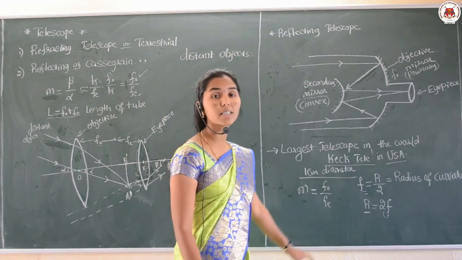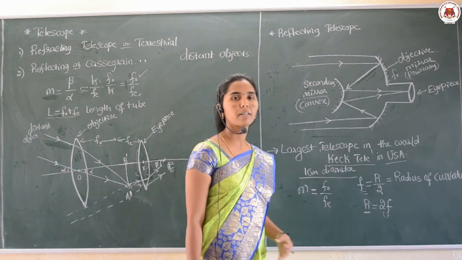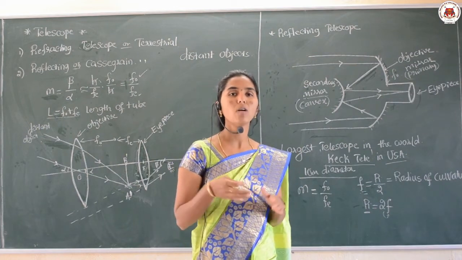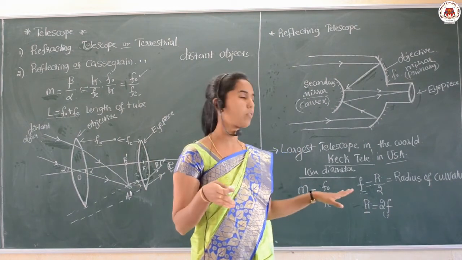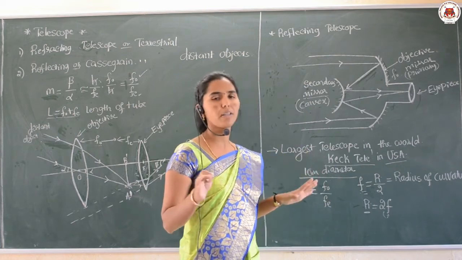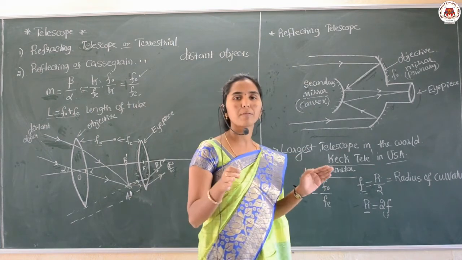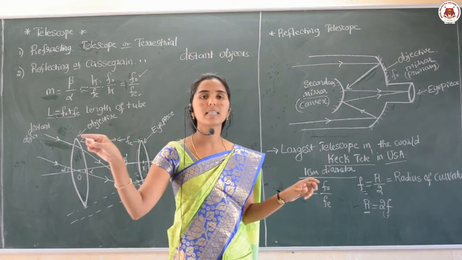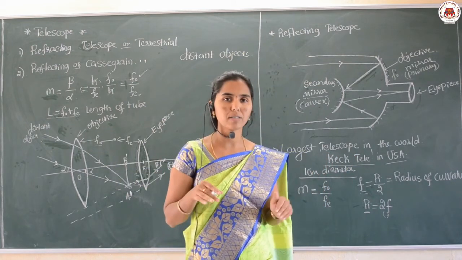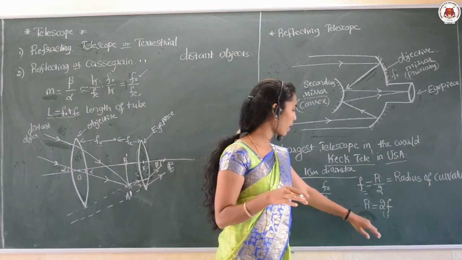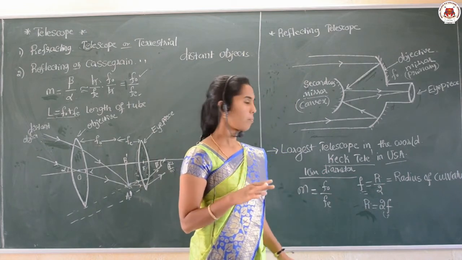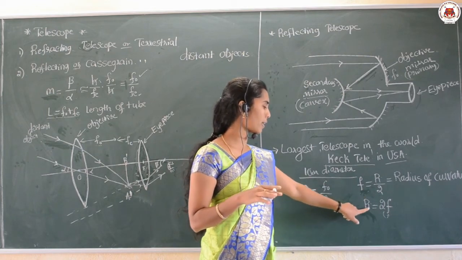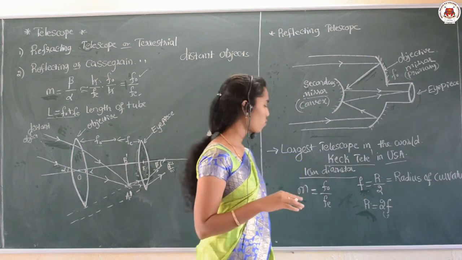There is this relation, but you have not studied the mirror; you might have studied it previously. At present the mirror concept is skipped from your syllabus, therefore you have not studied this, but you should know the formula: the radius of curvature of a spherical mirror is equal to twice its focal length.